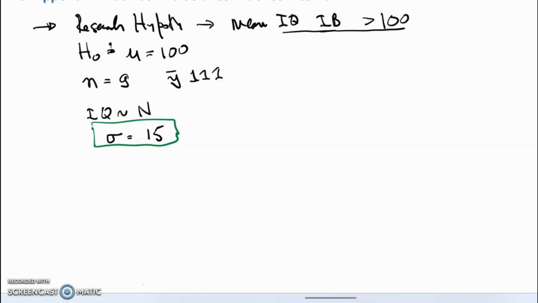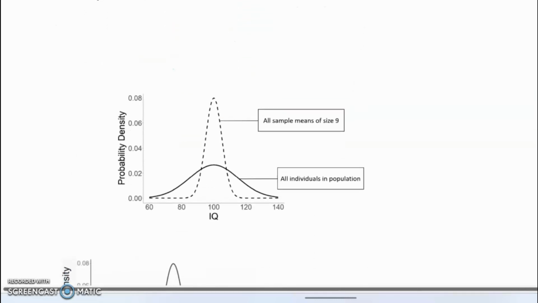On the other hand, by using an assumed standard deviation, it relieves me of the responsibility of using a t-test, which simply makes this explanation a lot simpler. So, what we have right now, based on our null hypothesis, is that the IQ of IB students is normally distributed with mean 100 and standard deviation 15. So, there we have it.